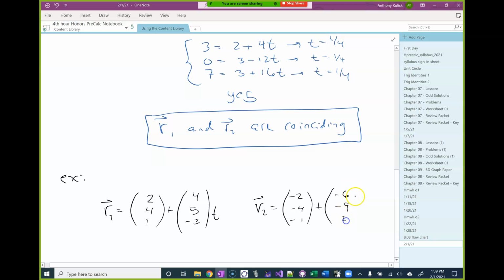The arithmetic that I'm doing, like most of these things were things that we just did in our head, like solving for t's and stuff, was pretty easy. So here's a new pair of lines.